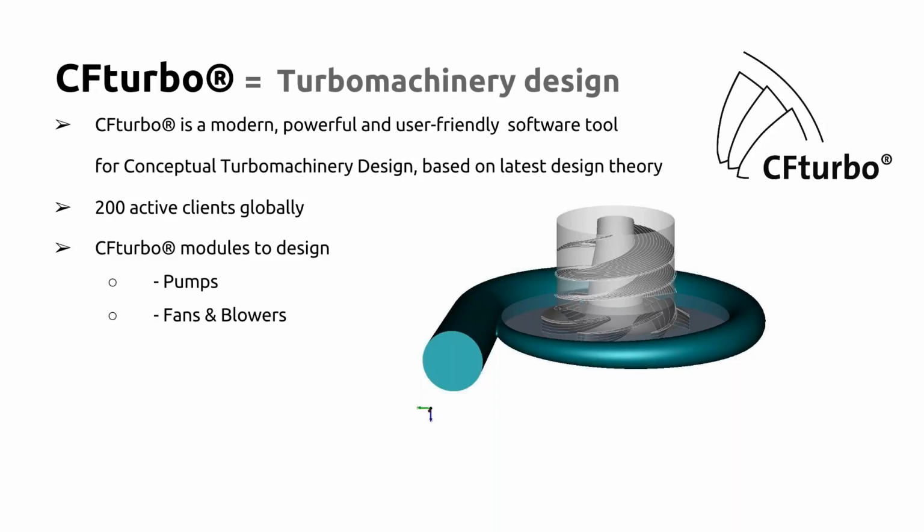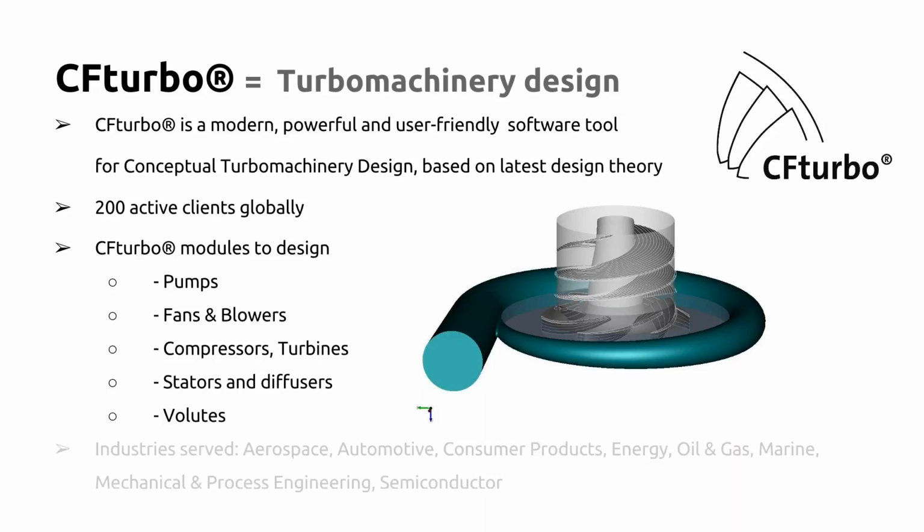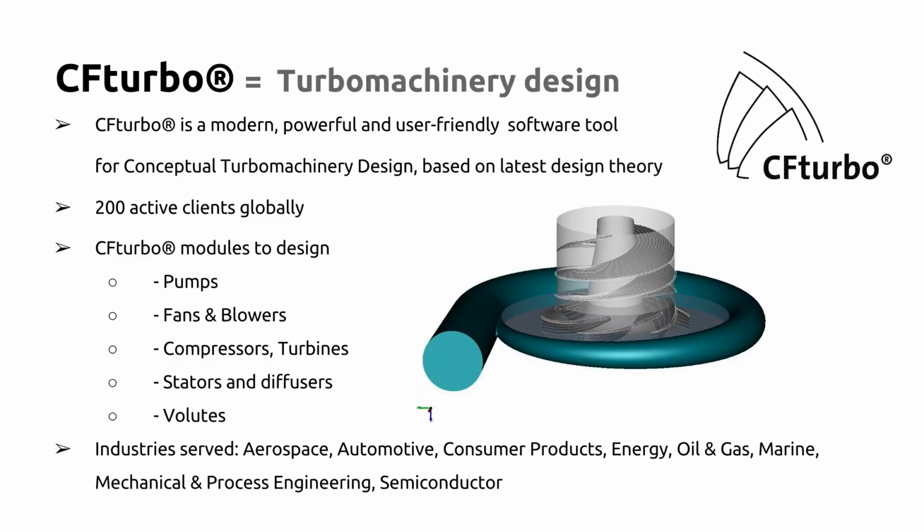We offer fans and blowers modules, compressors, turbines, stators that can be vaned or don't have vanes, diffusers, and of course volutes. And right now we serve those industries, and among them are the aerospace, automotive, home appliance, and so on industries.